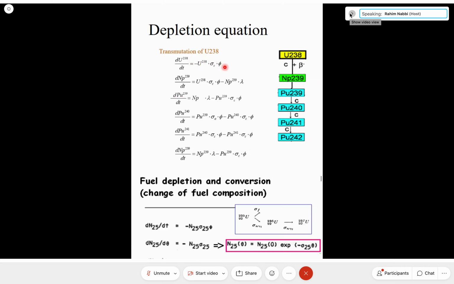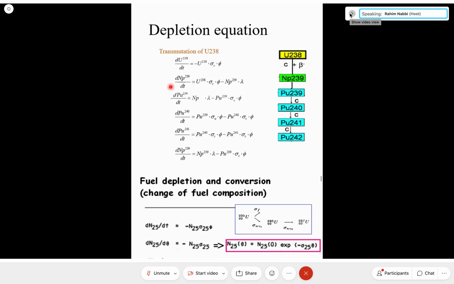But for a first approximation, for example, for the analytical solution of the problem, one can assume phi has an average value, a mean value during the whole irradiation. Under these conditions, we can solve this and you get the change of the concentration or number density of uranium-238 as a function of time.